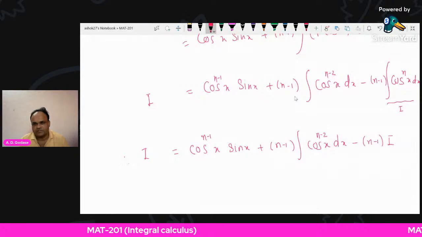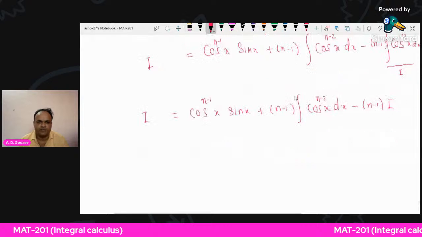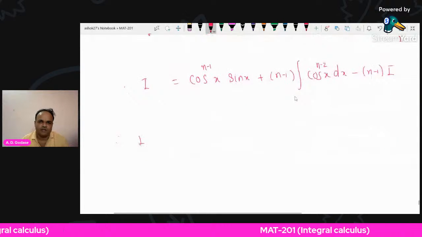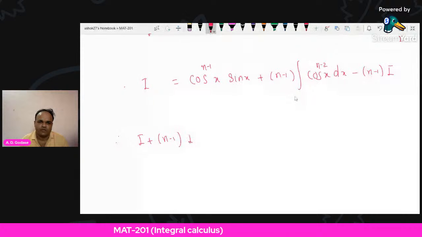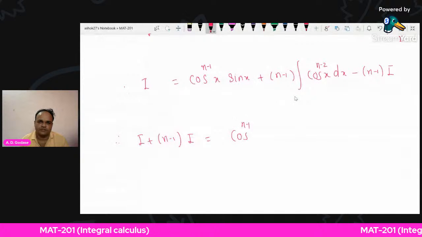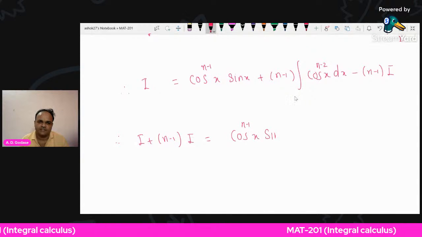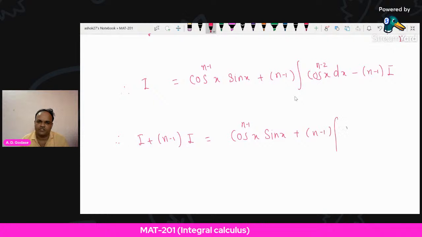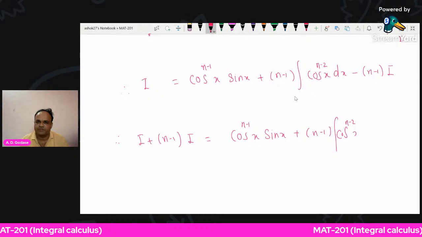So you can transfer this term to left hand side, so you can write I plus n minus 1 into I, and that is equal to cos raised to n minus 1 x into sin x plus n minus 1 into integration of cos raised to n minus 2 x dx.